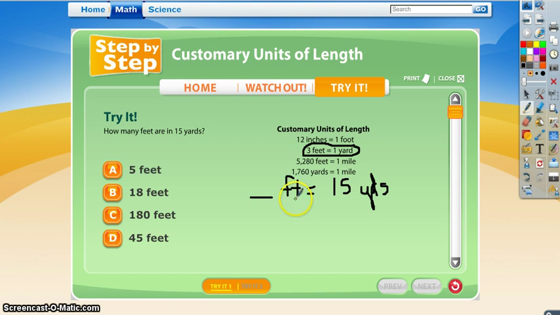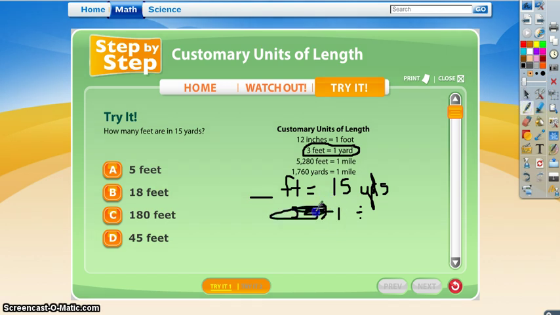So I'm going from a small unit, small to large. So when I'm going from smaller to larger, remember I have to divide. I'm sorry, I just told you wrong.